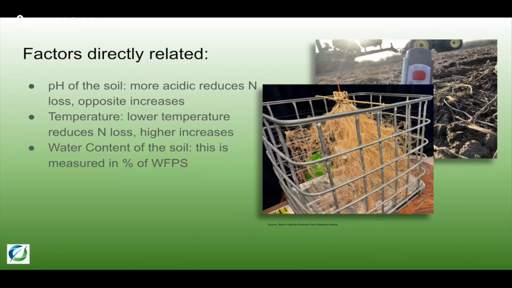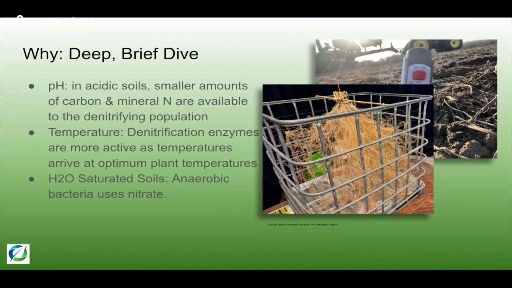In acidic soils, smaller amounts of carbon and mineral nitrogen are available to the population that denitrifies your soil. So keeping pH at 7.0 and below would be a good place to be as it relates to nitrogen loss. Yes, and for the corn crop.